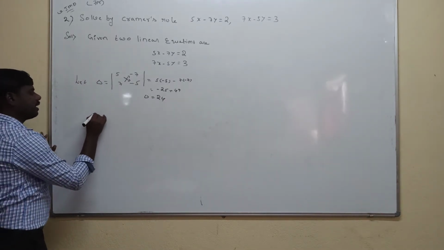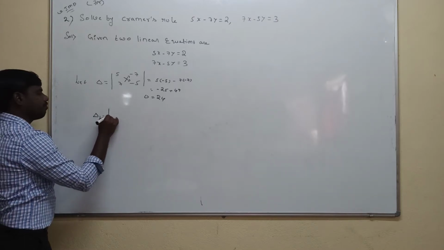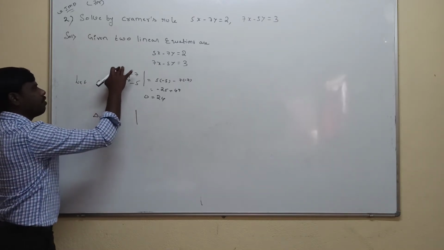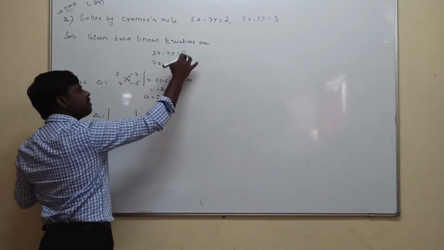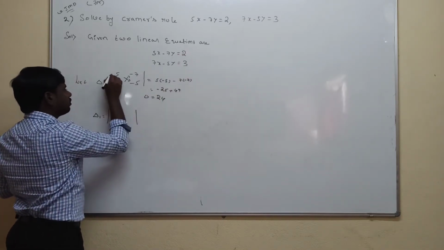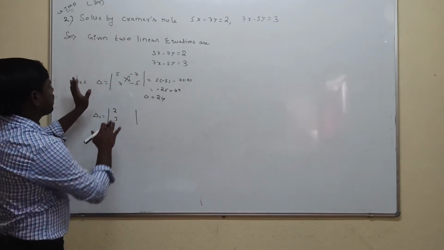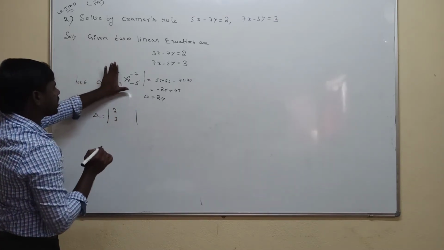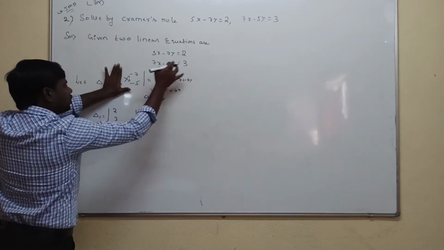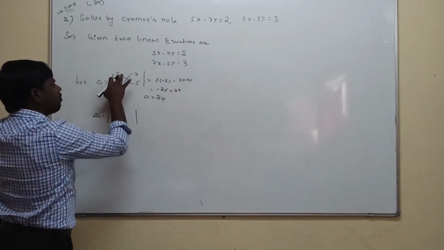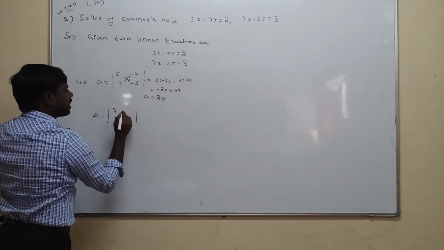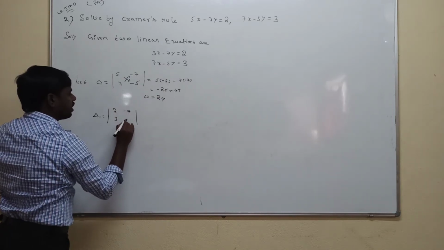Next we are taking delta 1. Delta 1 means from delta, first column replaced by C1 C2 values, which are 2 3. Second column is written as it is, minus 7, minus 5.